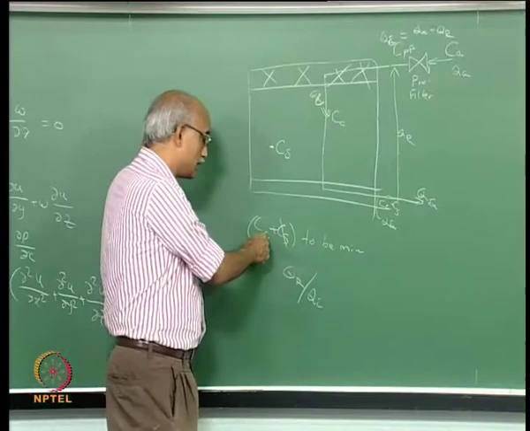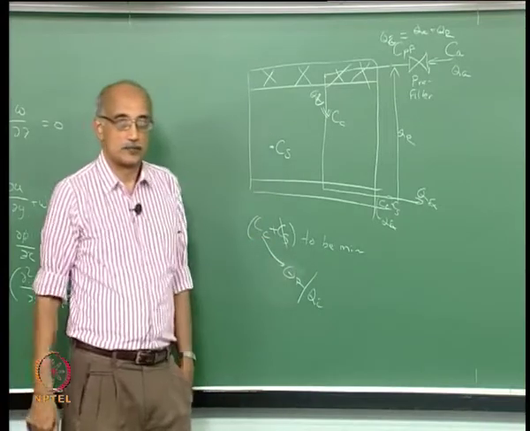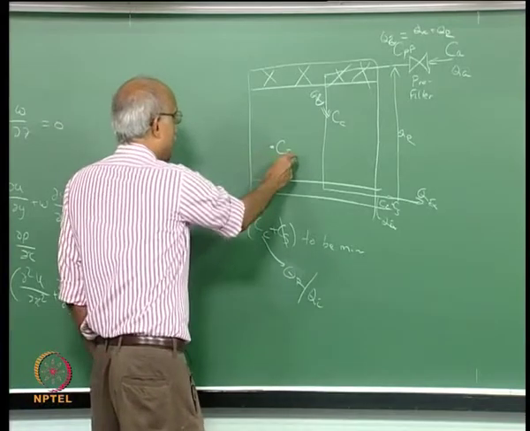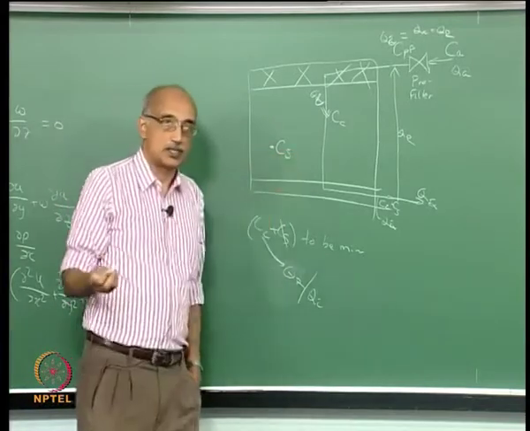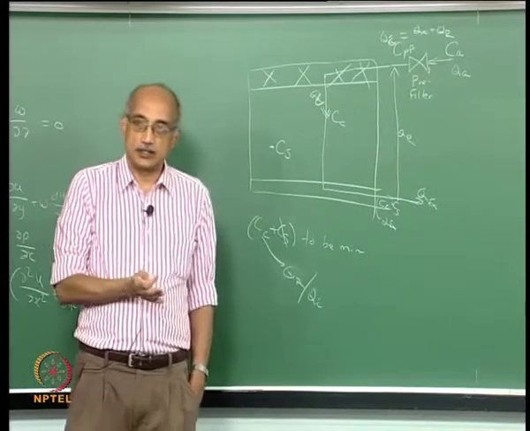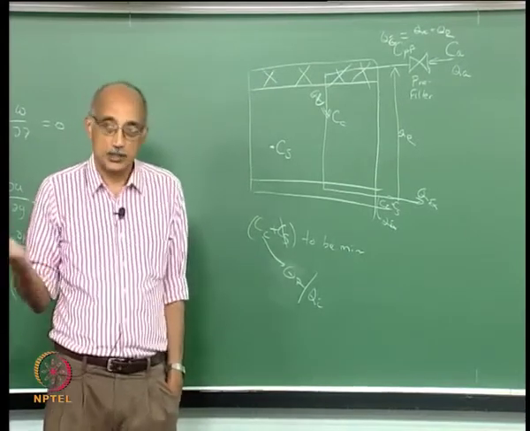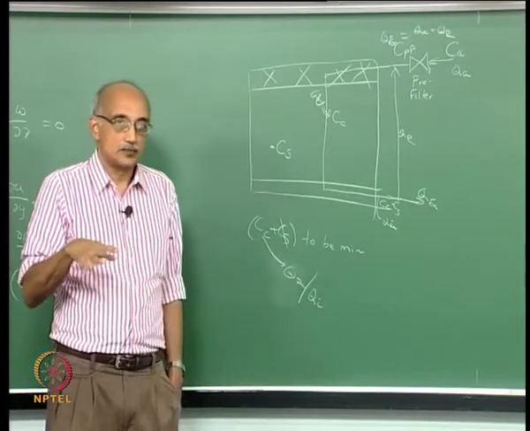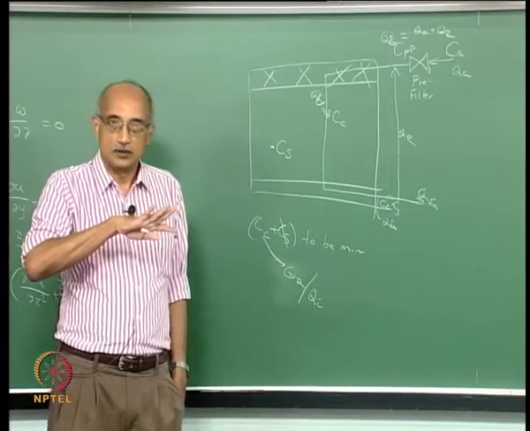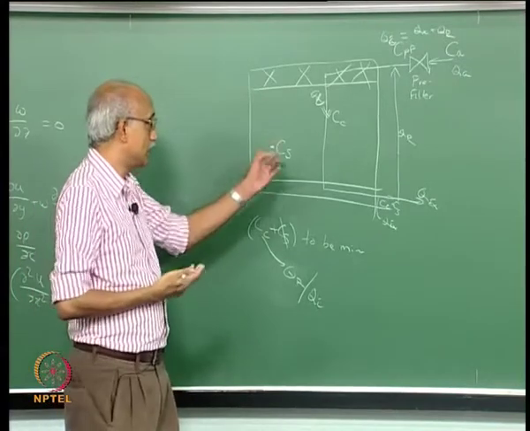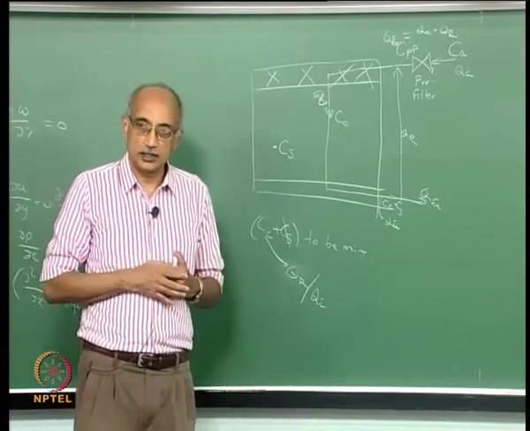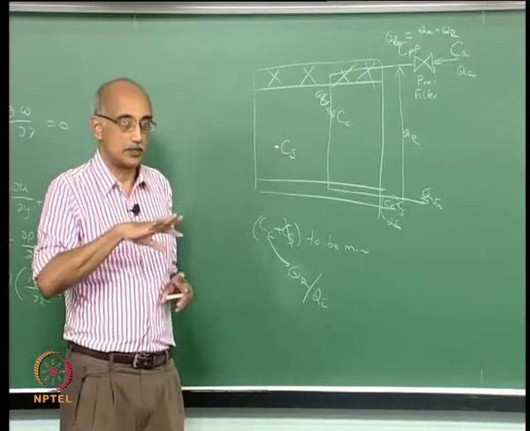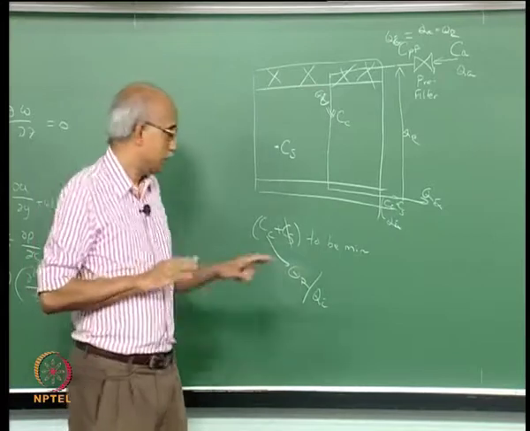So Cc will be a function of this, right, and the thing is that if Cs is much greater than Ca, in other words if the source inside the clean room is much stronger than the source outside the clean room, logically you would think that the less the recycle the cleaner will be the clean room, whereas if it is the other way around, if Ca is much greater than Cs you would expect that the greater the recycle the cleaner will be the clean room. So clearly these two are related.